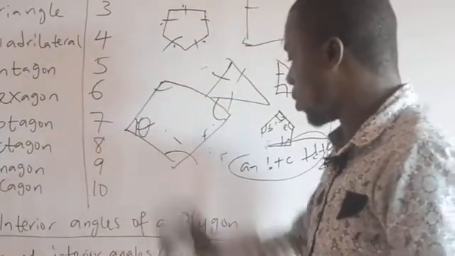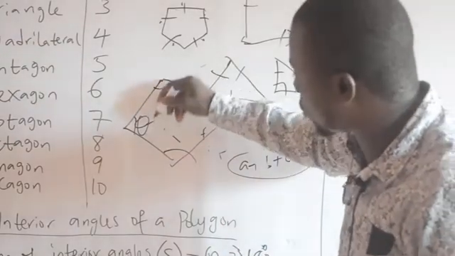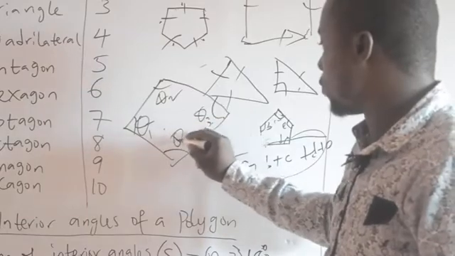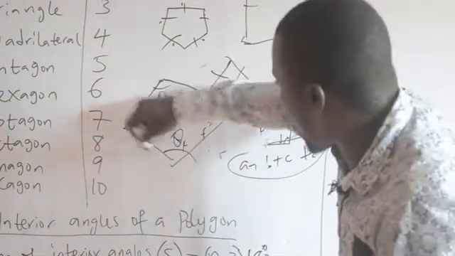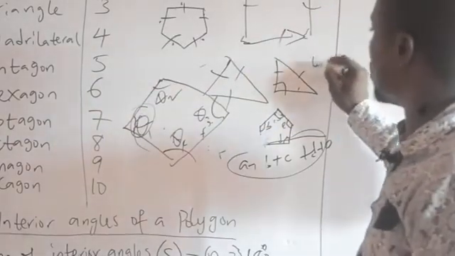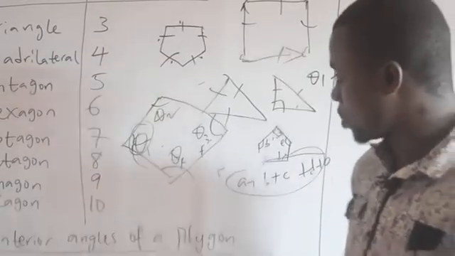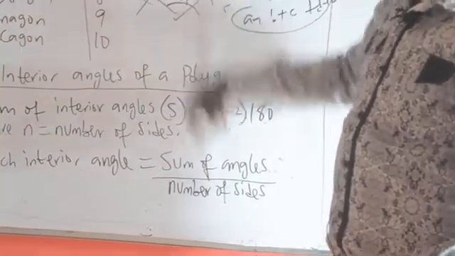The size of each interior angle, theta, is the sum of angles, that's all the angles here. Let's call them theta 1, theta 2, theta 3, theta 4. To know the size of each one, you sum up all the thetas here, that is theta 1 plus theta 2 plus theta 3 plus theta 4 plus theta 5. That is the sum of all the angles, divided by what? The number of sides, 1, 2, 3, 4, 5. So that is the formula for you.